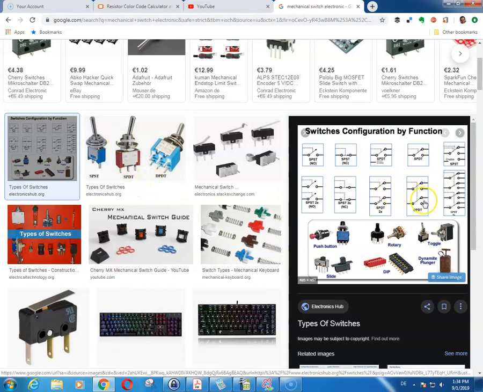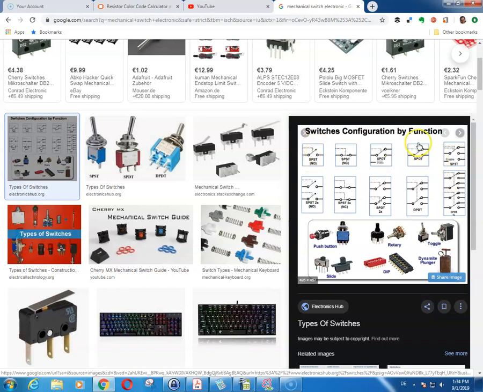Now the throw refers to, for example, when you say double throw, what that means is that you see over here this is a single throw switch, meaning that you have only two contacts here. The two contacts are either connected or disconnected, so that's a single throw switch.